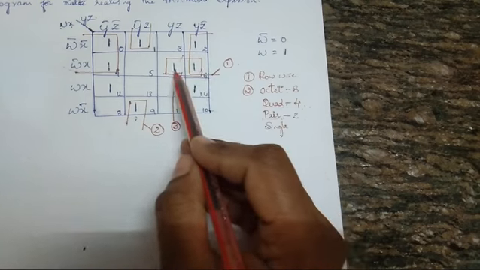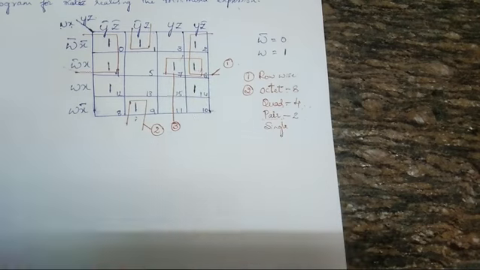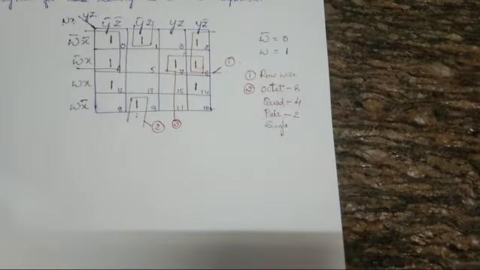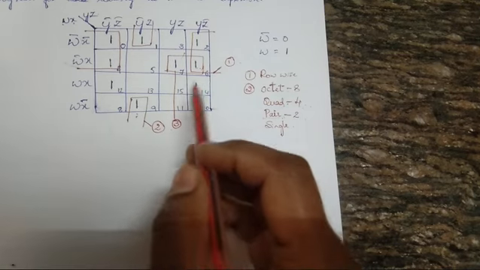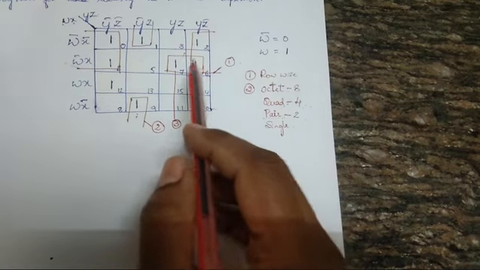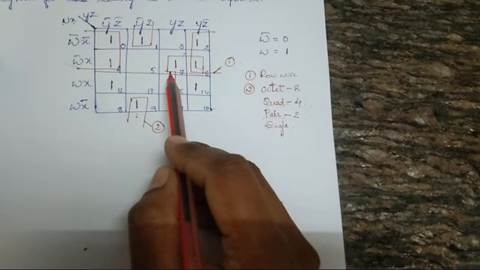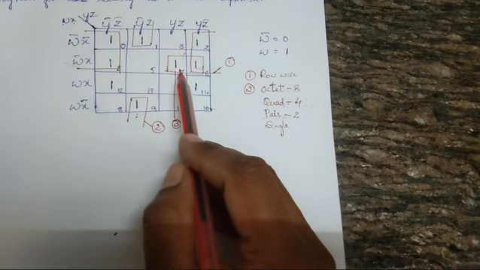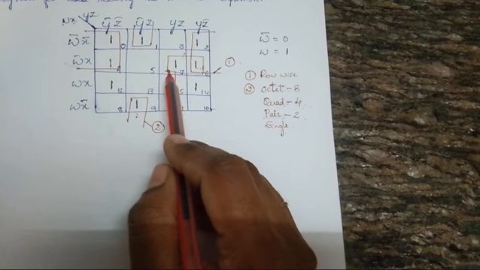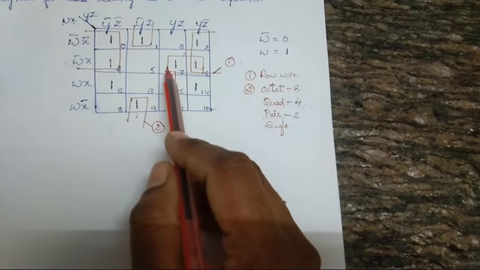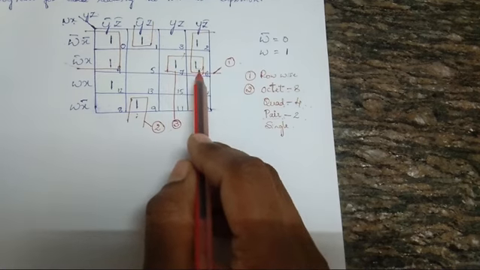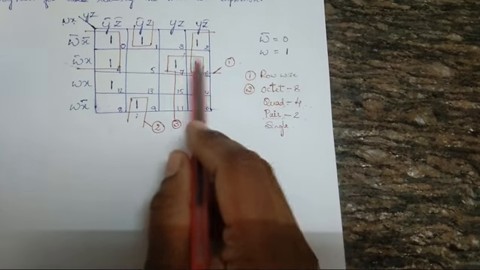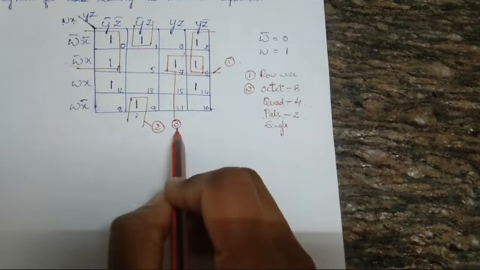The rule says whenever we are making a group, always try to have a maximum number of adjacency and make a group. So that's why I used that concept and made a group. That is group number 3.